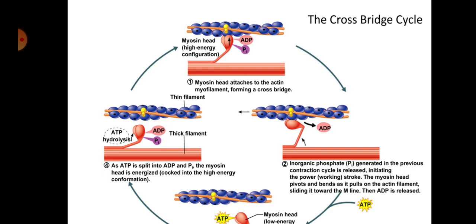In the second stage, inorganic phosphate Pi, which was generated in the previous contraction cycle, is released. This initiates the power stroke. The myosin head pivots and bends as it pulls on the actin filament, sliding it towards the M line.